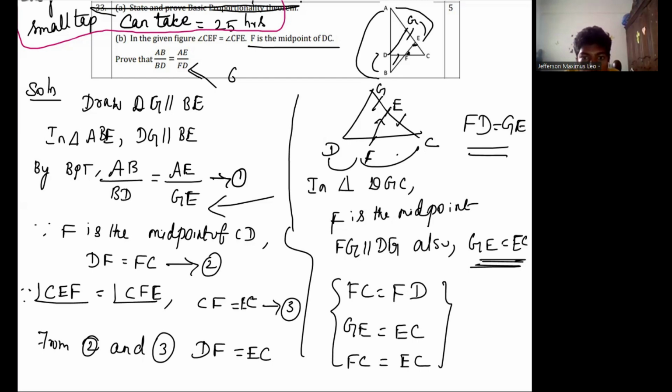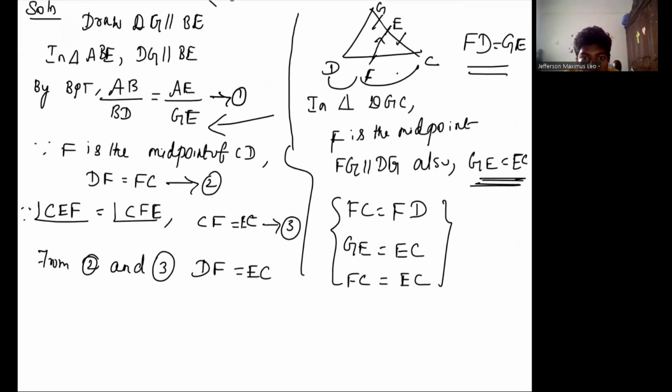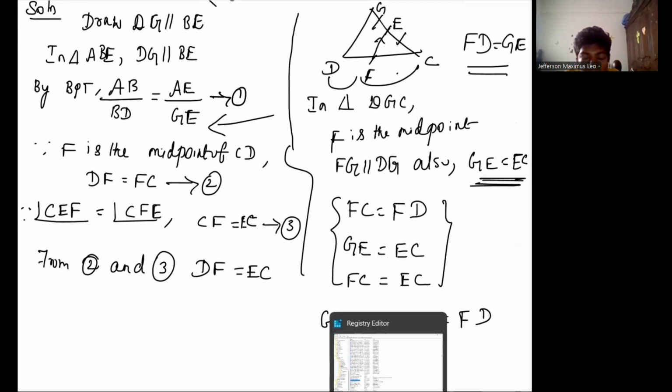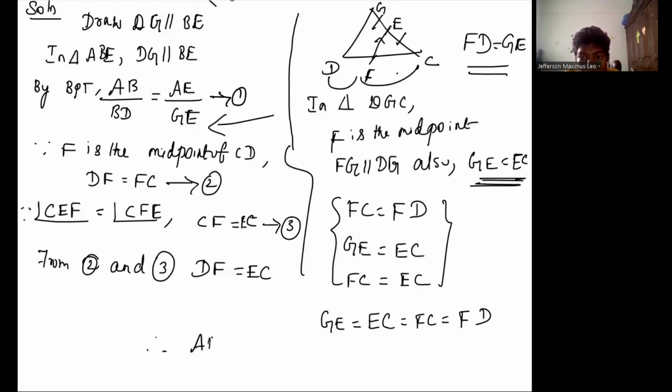Start with GE. That is equal to EC. That EC is equal to FC. FC is equal to FD. Is the sum finished? Yes, ma'am. I start with GE and end with FD. Therefore, our result AB by BD, as number 1 implies, is equal to AE by FD instead of GE. Hence proved.